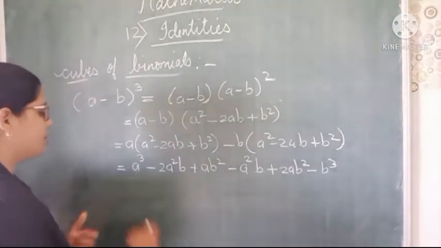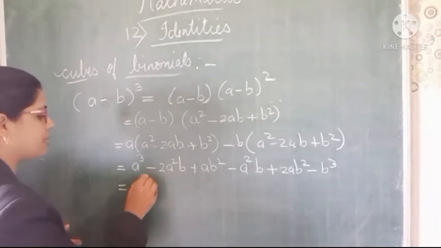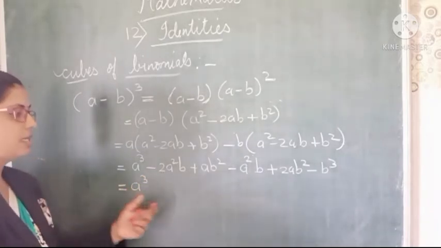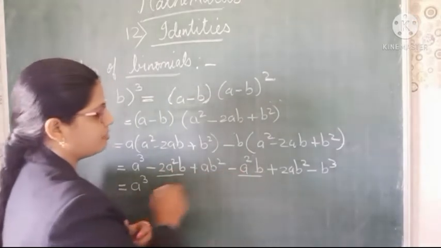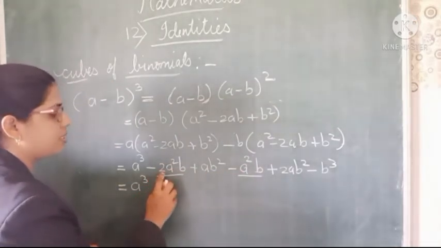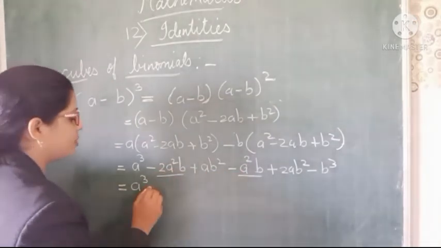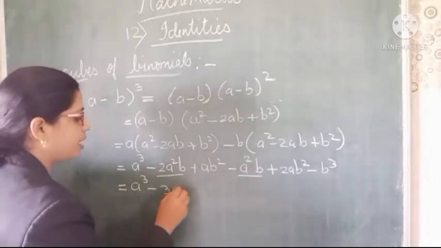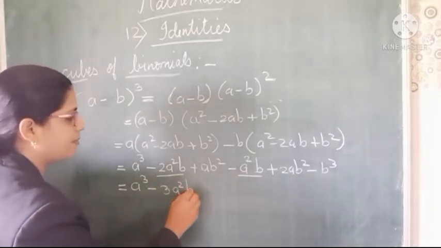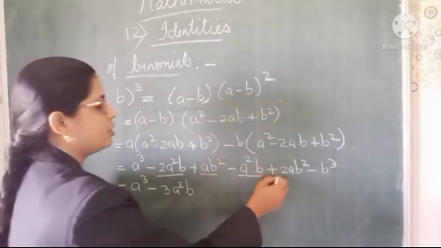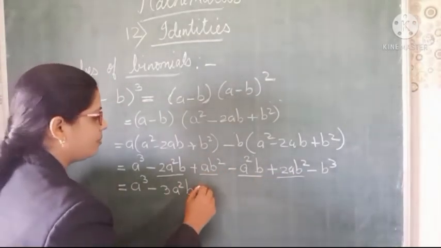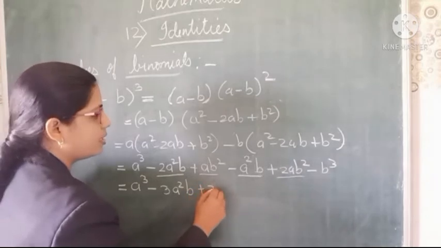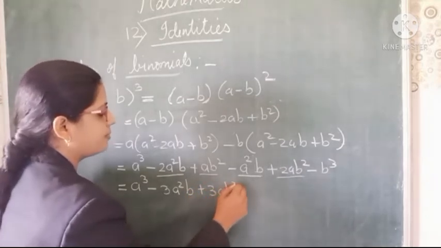Okay. Now here combine the like terms. Now a cube I will write as it is, then negative 2a square b. This will be the same, so it will be negative 2 and negative, so it will be negative 3a square b, plus ab square plus 2ab square, so it will be plus 3ab square.